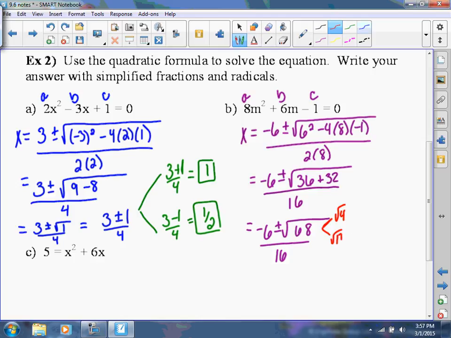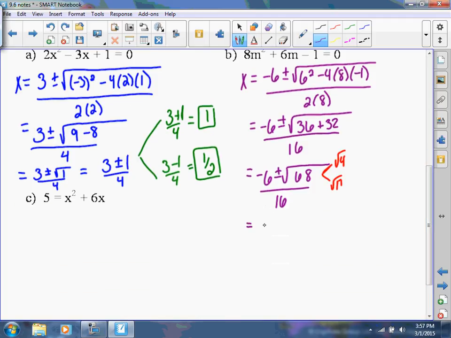So how you can write this then is we'll have negative 6 plus or minus the square root of 4 times the square root of 17 all over 16. And then that'll be negative 6 plus or minus the square root of 4 is 2. Square root of 17, can't do it, all over 16.